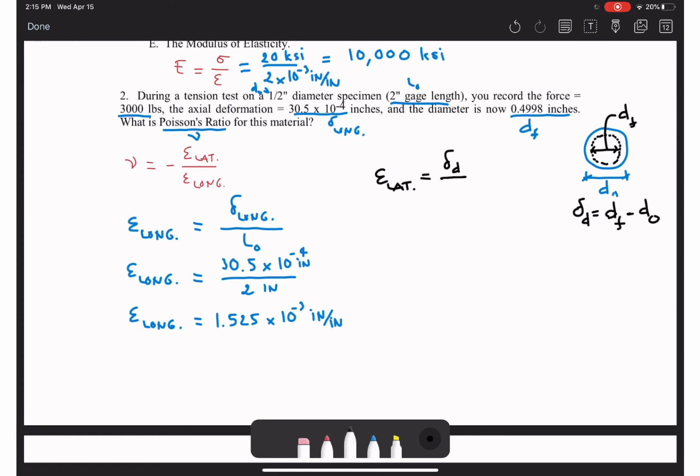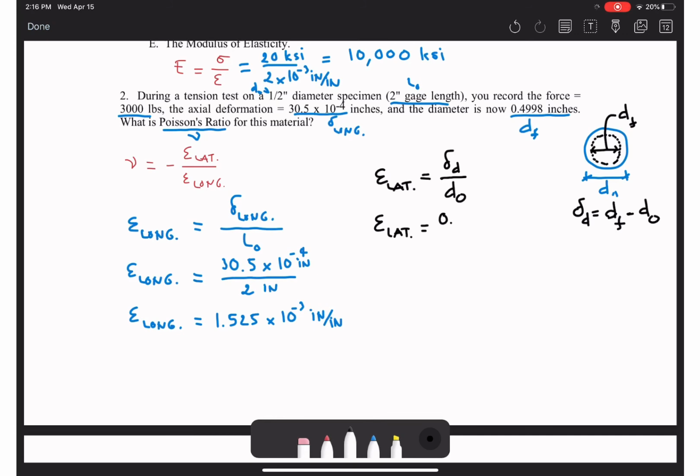When we know the deformation delta along the diameter, delta d, then we can go back to the normal strain in lateral direction, epsilon lateral equal to delta d over the original diameter, d naught. And both pieces of information we have, so we can go ahead to get the epsilon normal strain in lateral, delta d, final diameter minus original diameter.